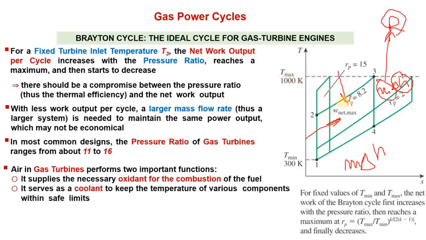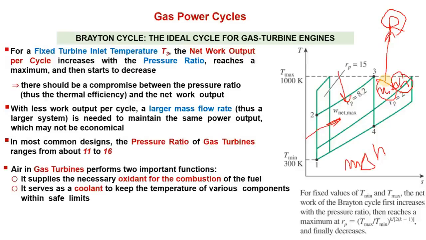So this air also serves as a coolant to keep the temperature of various components, like the combustion chamber and the gas turbine components, within a safe limit. So this air in the gas turbine is not only providing oxygen for the combustion, but the extra air is also acting as a coolant.